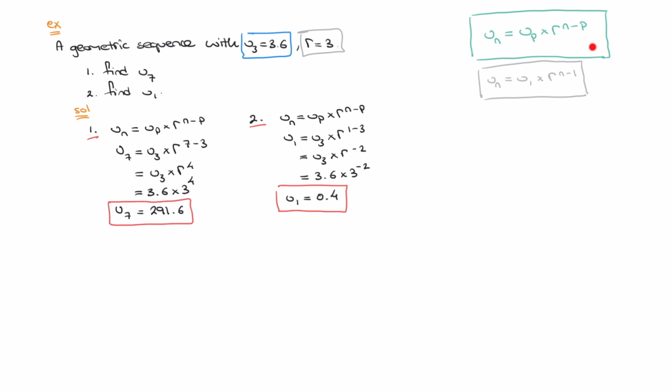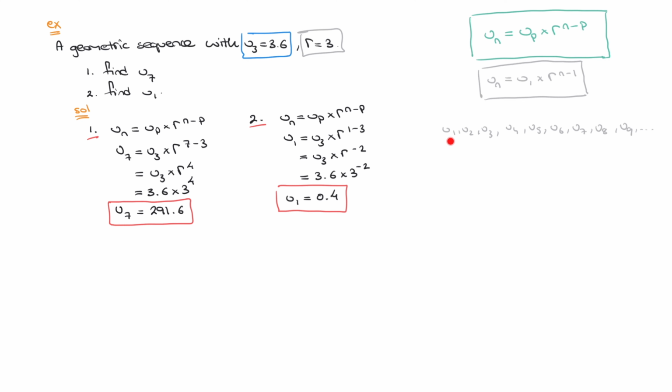Okay, now that we've seen how we can use this formula to calculate any term we want, let's get an idea of how or why this formula actually works. And for that, let me start by writing a few very generic terms in a geometric sequence. In other words, let me start by writing u1, u2, u3, u4, and so on and so forth.